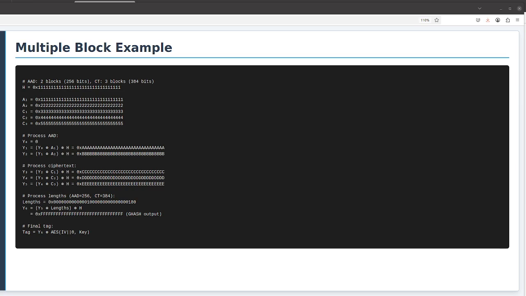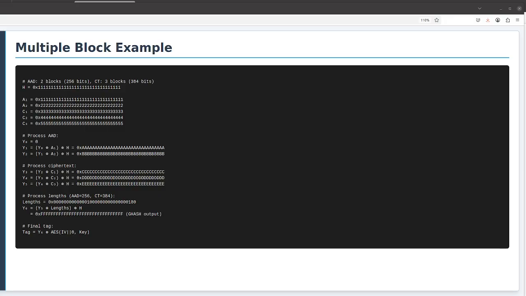Process C2. Y4 equals (Y3 XOR C2) times H, which equals (0xCC ending with CC XOR 0x44 ending with 44) times H, which equals 0x88 ending with 88 times H, giving 0xDD ending with DD. Process C3.